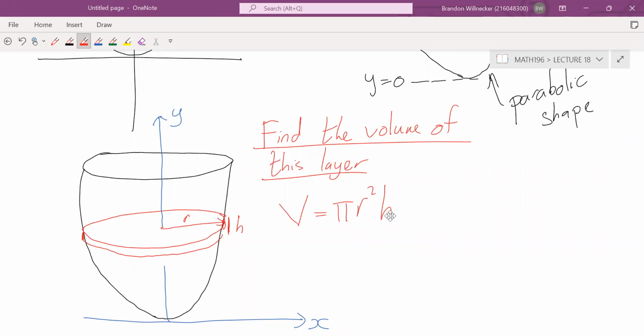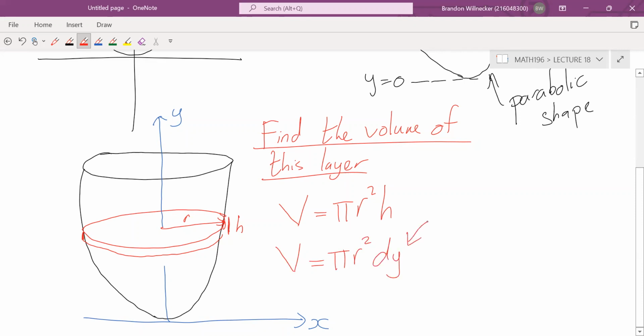Now, what we want to do is we want to make this layer very, very thin. Like, remember when we found the area under a curve, we made the rectangles very, very thin. So the width of the rectangles became dx. So now the height of this layer is going to become dy. Okay, so the volume is equal to pi r squared dy.